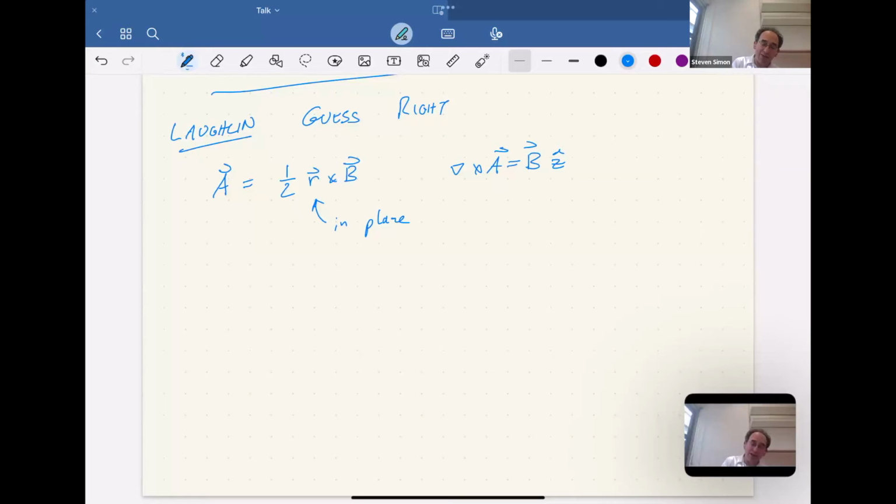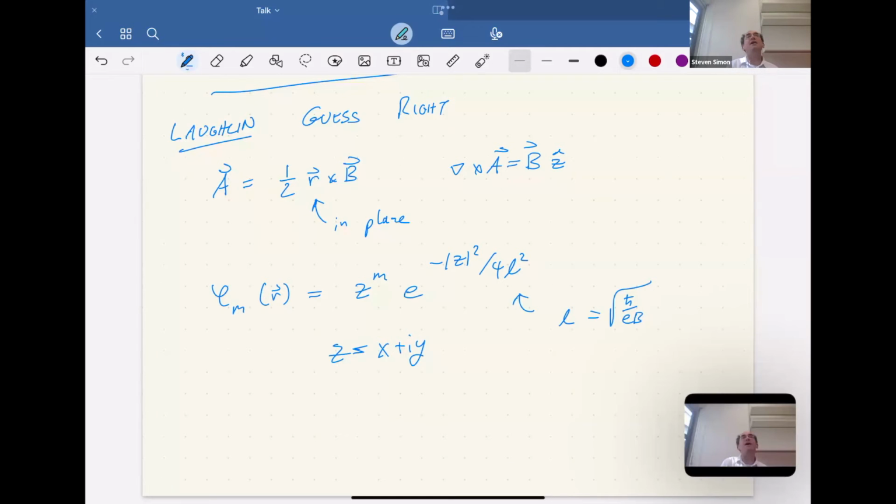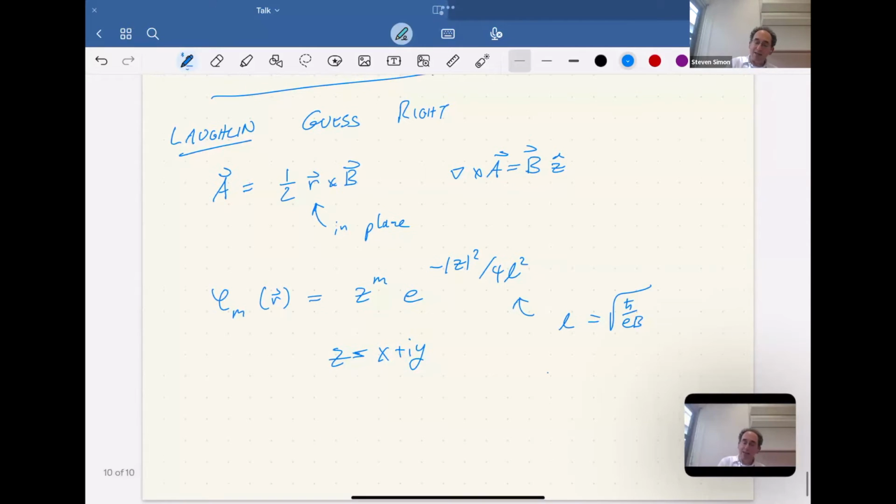This is a really nice gauge because in this gauge the single particle orbitals have a really simple form: z to the m, e to the minus |z|^2 over 4L^2. Of course, z is just the complex representation of the coordinate, and L is known as the magnetic length, L equals the square root of hbar over eB. Another way of saying this is that 2 pi L^2 is the area of one flux quantum.